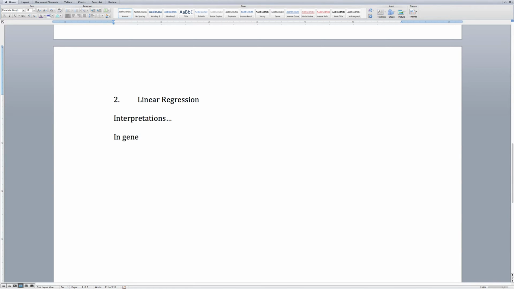So in general, what we can say is as x increases 1 unit, our y values increase 3 units. You know, bouncing it off the equation that we had before.